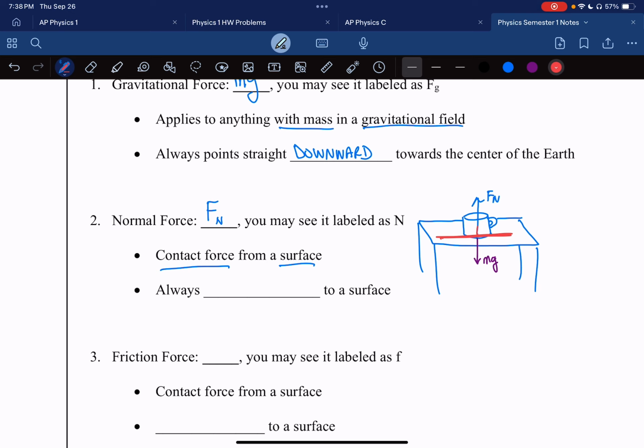The normal force is perpendicular with it, so we say it is always perpendicular to a surface, okay? Most of the time it will be some object sitting on the surface, and so the normal force just points up, perpendicular to that surface. So we'll see this a lot. Might be a stapler, it might be a typewriter, it might be a cup or something that's sitting on a table. The table pushes upward on it with a force F_N.